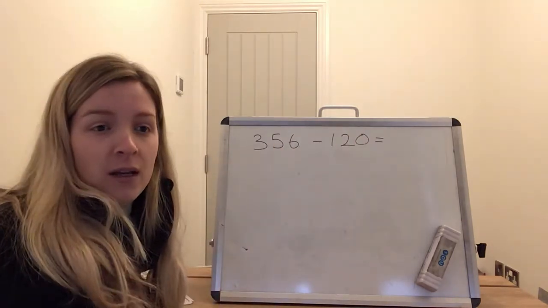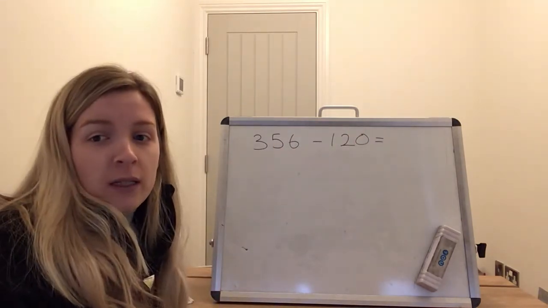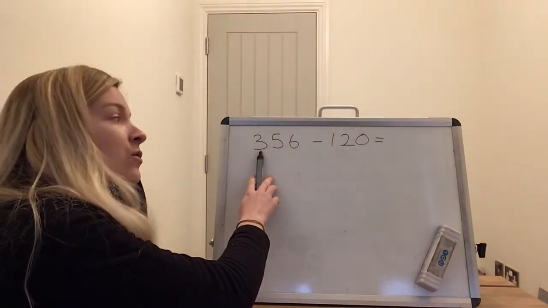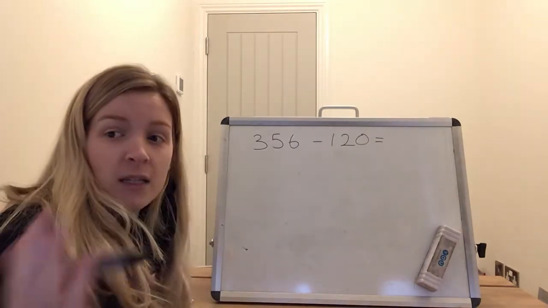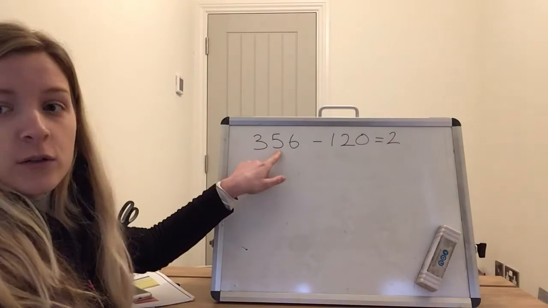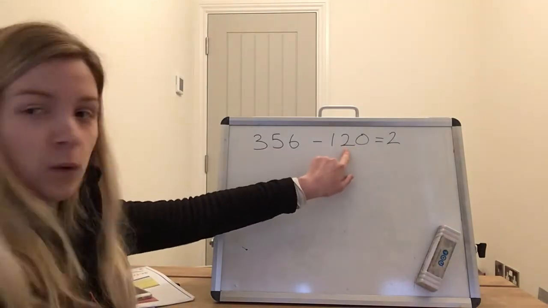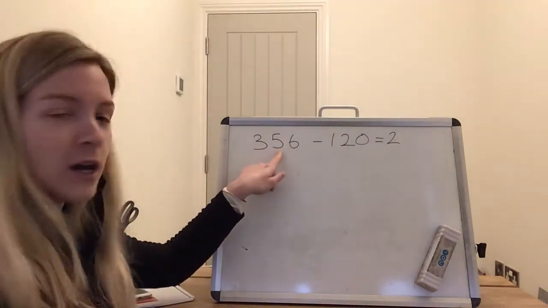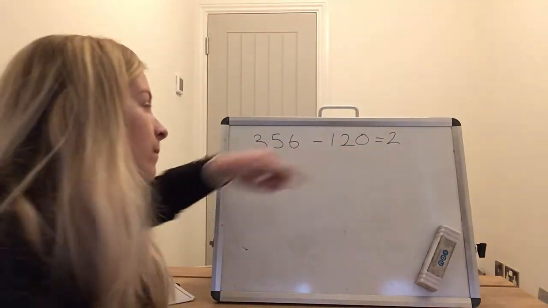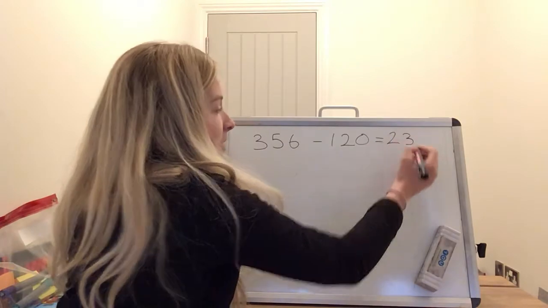So actually, a very quick way of doing this would be 300 take away 100 is 200. 5 tens take away 2 tens is 3 tens.